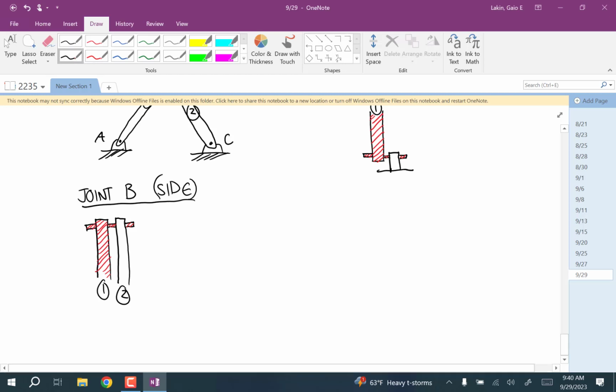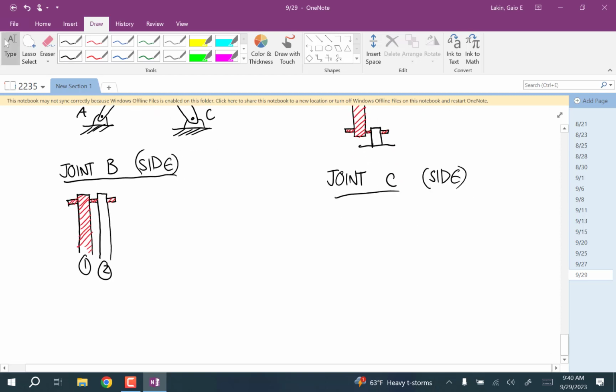And then the last one looks like joint A. We have the ground, we have that bracket, and we have member 2. And the only thing that touches both of them is the pin.